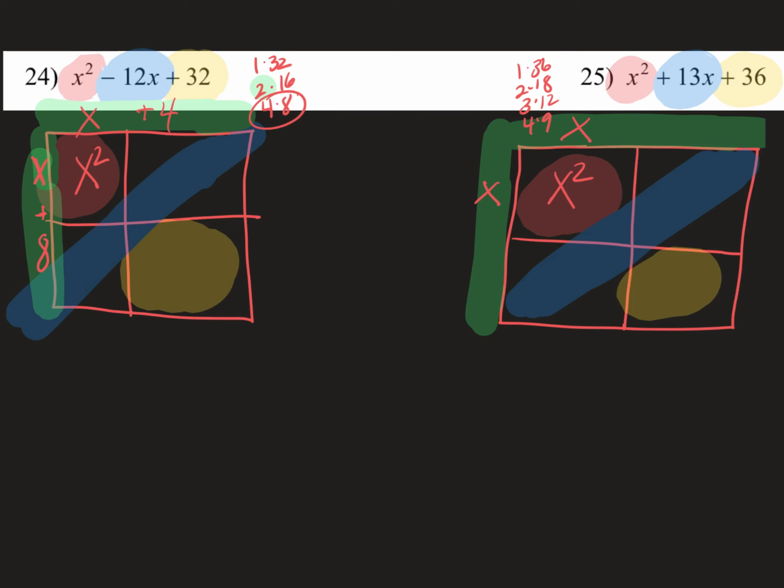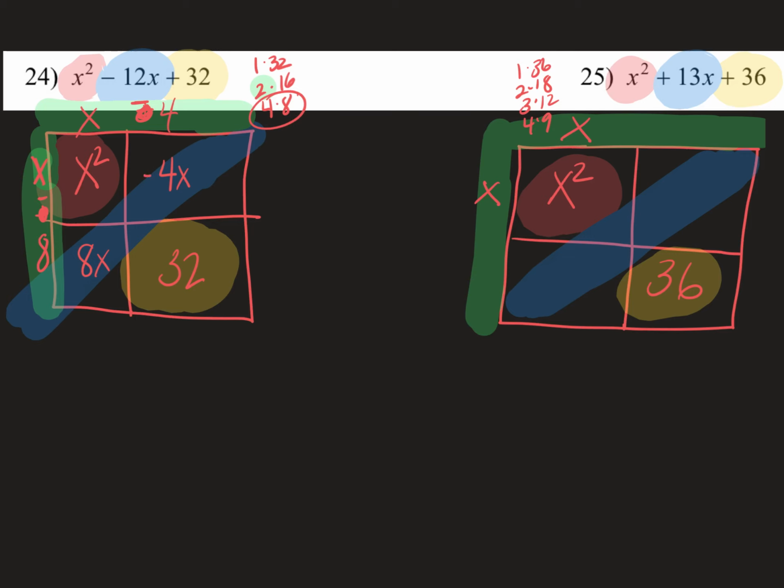Okay, and so 4 times x is 4x. Oh, I forgot. X times 8 is 8x, and 4 times 8 is 32. I forgot to put that there. Forgot to put 36 here. Okay, so 8x plus 4x, is that negative 12x? No, so I need to make both of these a negative, because negative 4 times negative 8 will give me a positive 32.